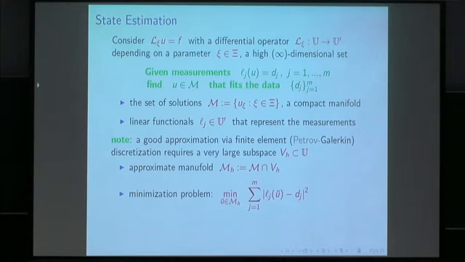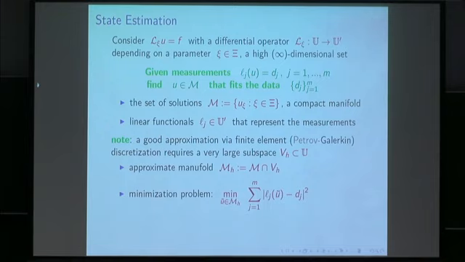We usually achieve the solutions via Galerkin or Petrov-Galerkin discretization, and it could result in a very high dimensional space V_H. And of course, if we work with V_H, we have to restrict the manifold only to the solutions from this finite element space.